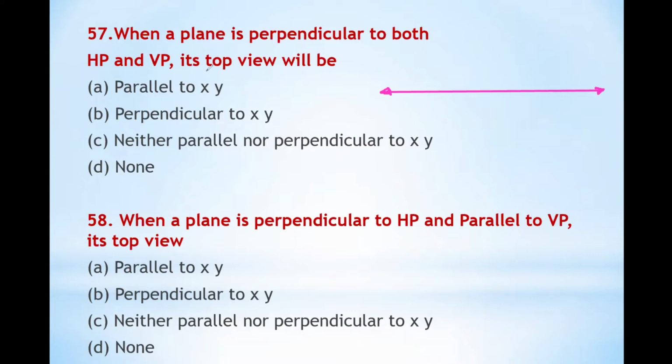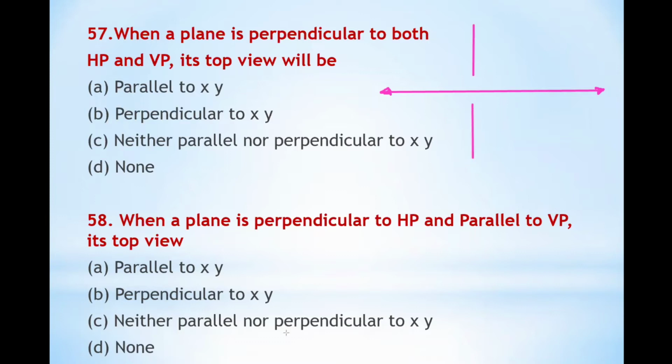And as already mentioned, whatever its front view is, we'll get as an edge view or a line, so that will be perpendicular to XY. Yes, it will be like this.